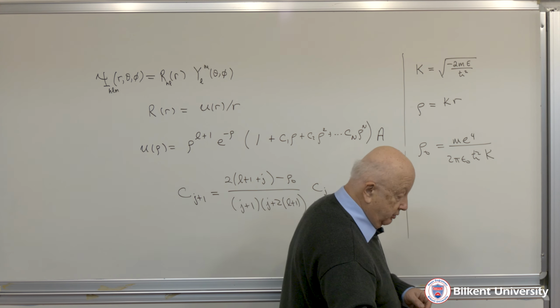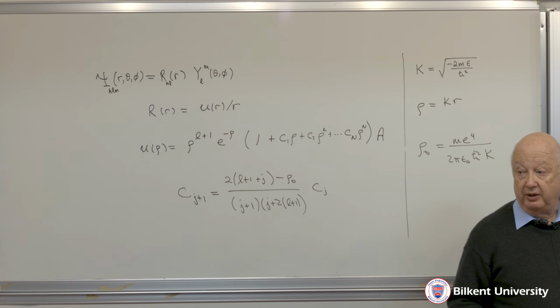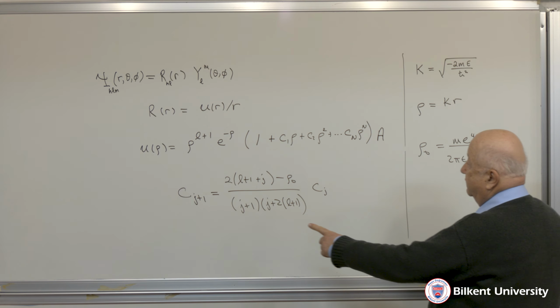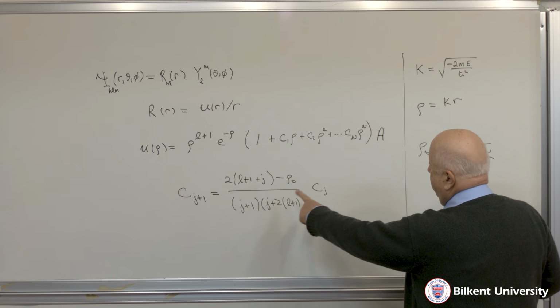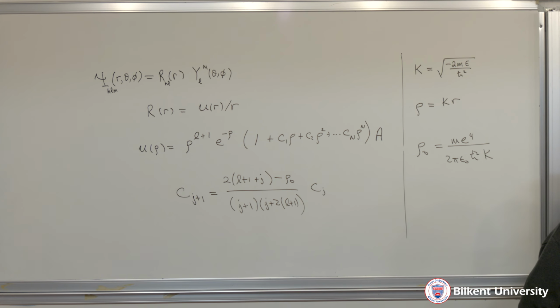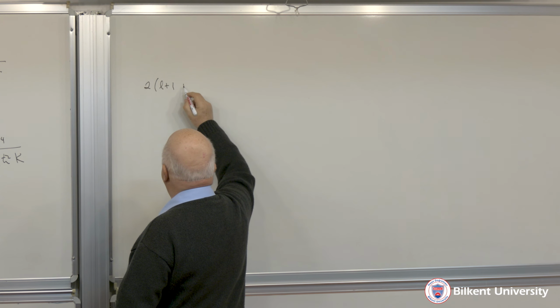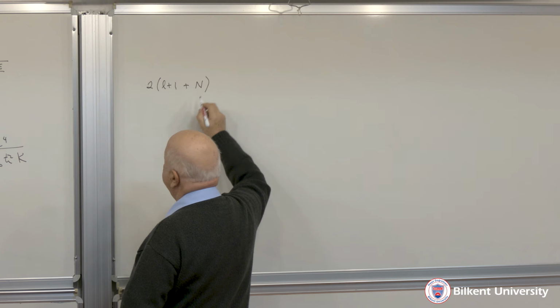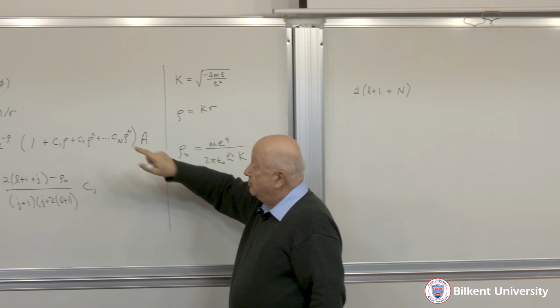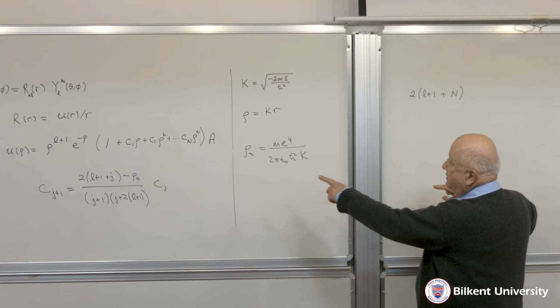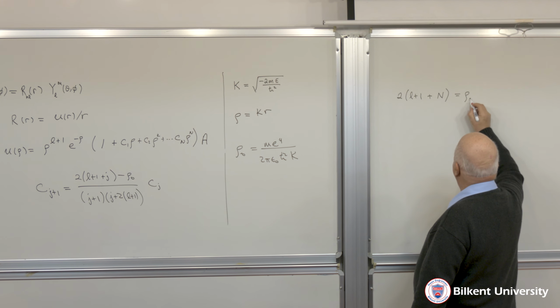So that's that, and what we said was that in order to cut this off, so that this is 0 at some point, I need to have 2(L plus 1 plus this largest power in the series, N) be equal to rho 0.